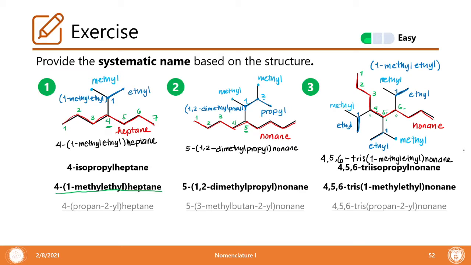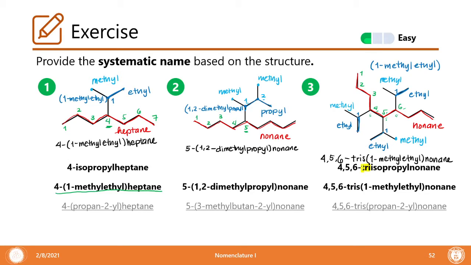And we could have gotten a shorter name if we used isopropyl. I should probably highlight this. If we use the isopropyl name, or any other accepted short form for a complex substituent, we will not be using tris anymore.